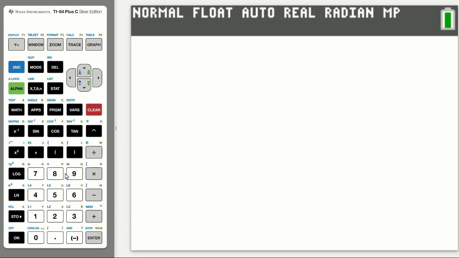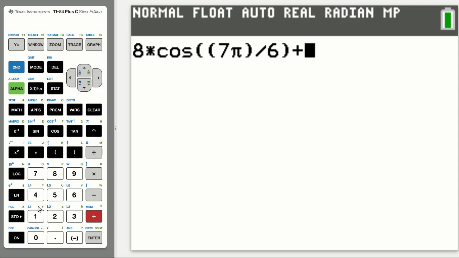And so now on the calculator, 8 times cosine of 7 pi over 6 plus 65.